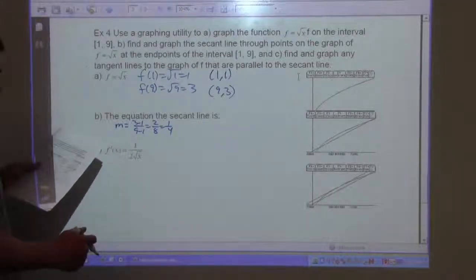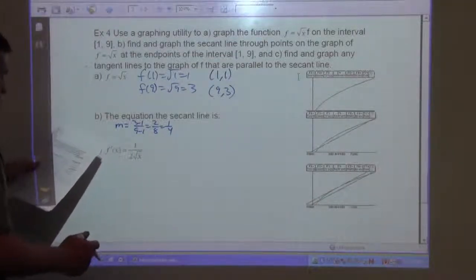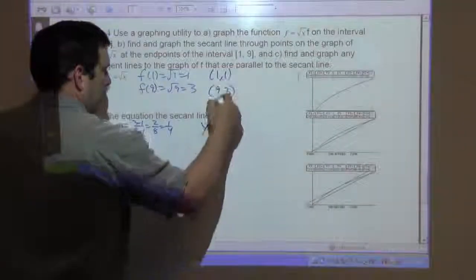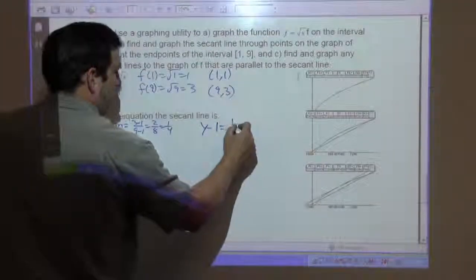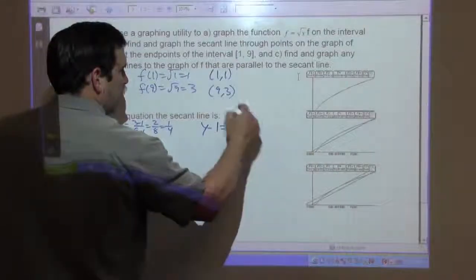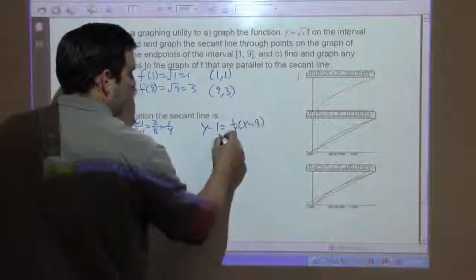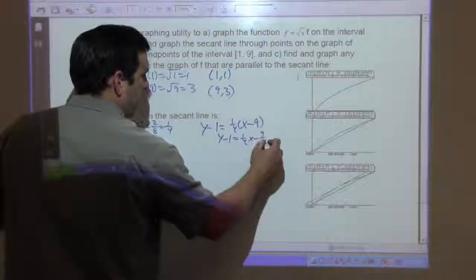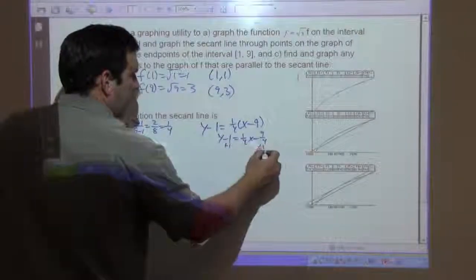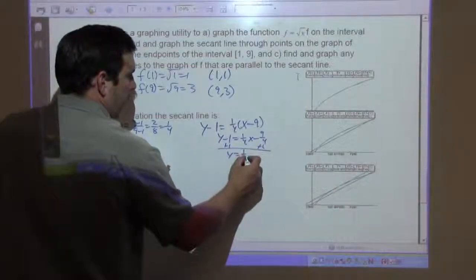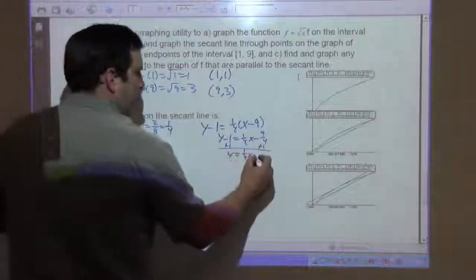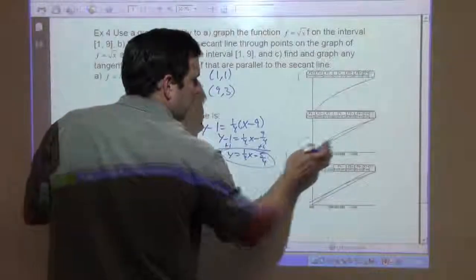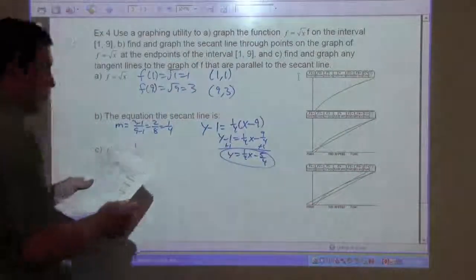So we have y minus 1 equals 1/4 times x minus 9. So y minus 1 equals 1/4 x minus 9/4. If we add 1 to both sides, y equals 1/4 x minus 5/4. And that's this line right here. That's the secant line going through those 2 points.